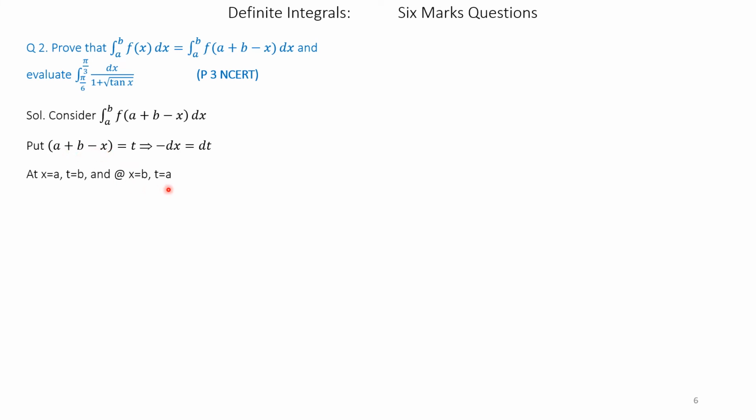Now we'll put these values in the new integral. Therefore, the right hand side is, we will get integral a to b of f of t of minus dt. So these are the new limits.